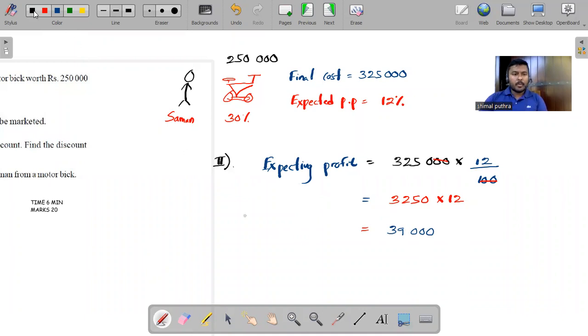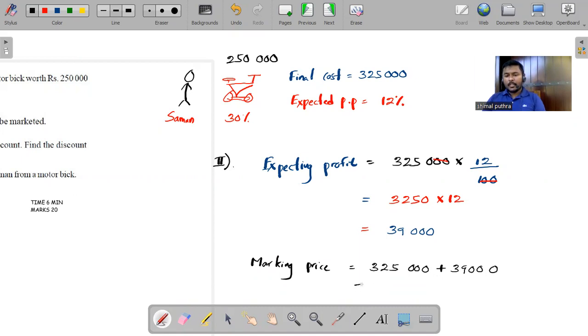So what should be the marking price? The marking price should be the cost he already paid, 3,25,000. That means 325,000 for the government and the exported country, and he's expecting 39,000 as the profit.